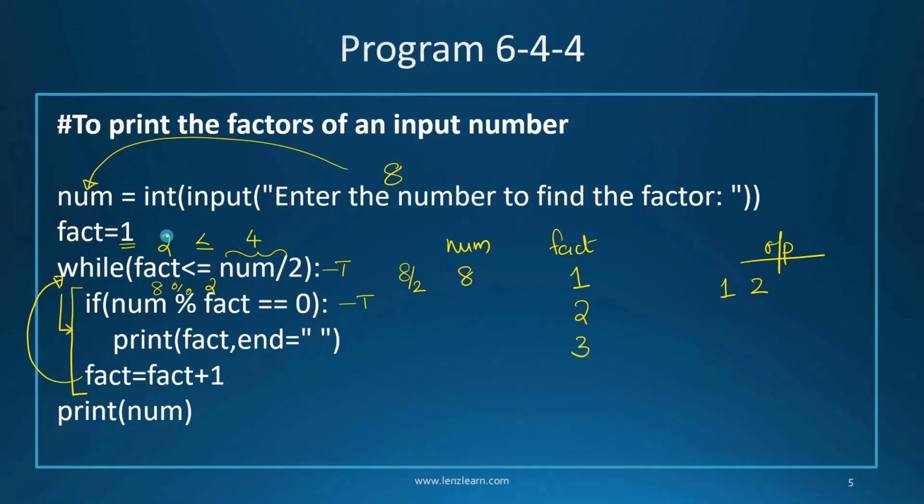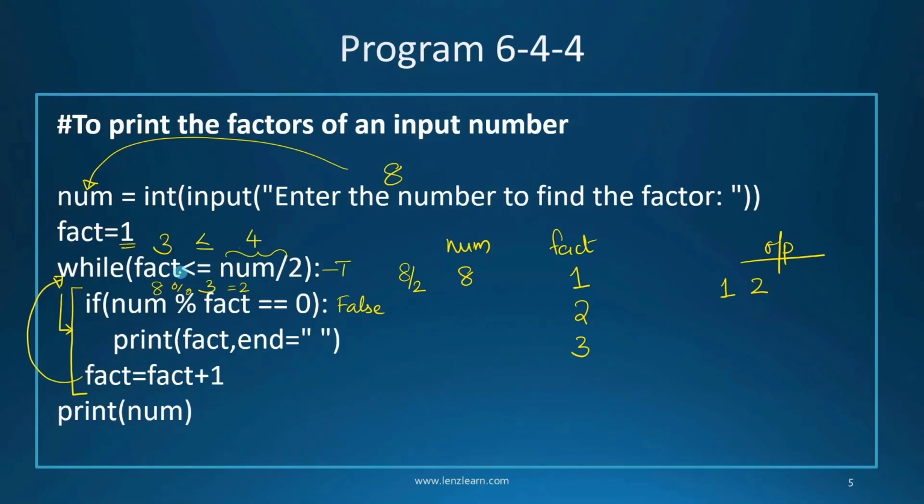Again, I will go to the beginning of the while loop. Now I will check whether 3 is less than or equal to 4. It is true. So now inside the if condition check, I will do 8 modulo 3 is equal to 0. Now you can see that this will evaluate to false. Why? Because when you modulo divide 8 by 3, you will get remainder as 2, right?